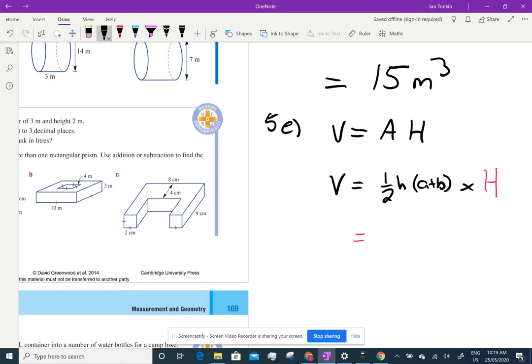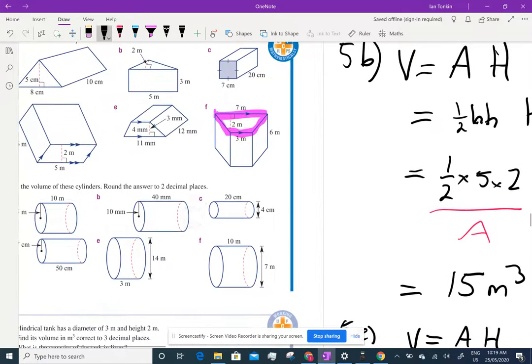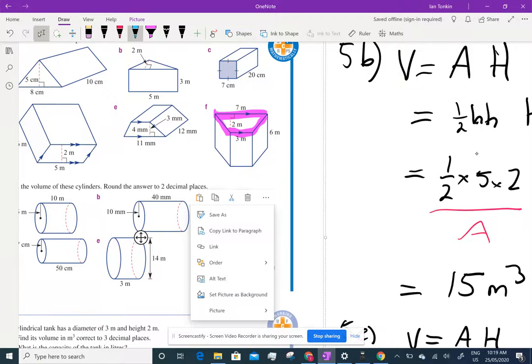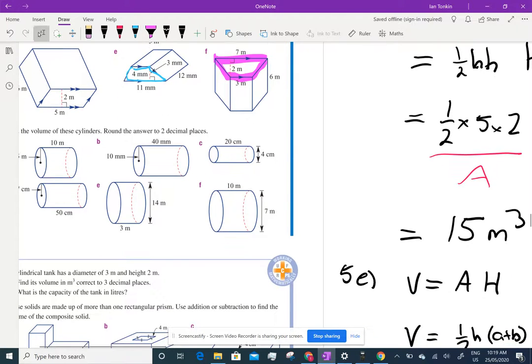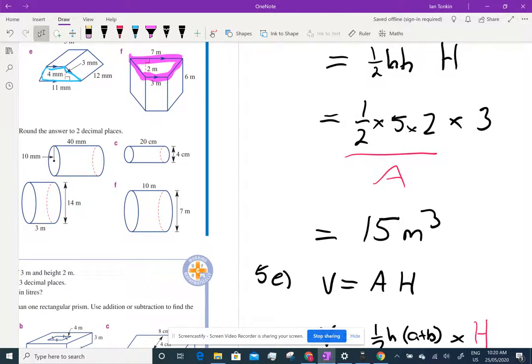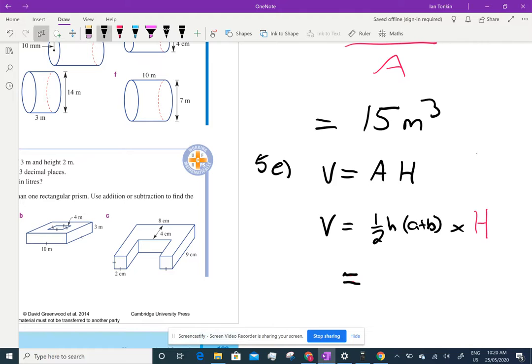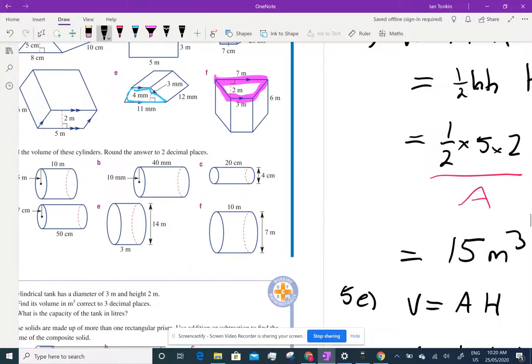Now I'm just concentrating on the area of this shape here. It is a trapezium, so it's a half the height. The height of that trapezium is 3, so it's a half times 3. And a and b are the parallel sides of that trapezium.